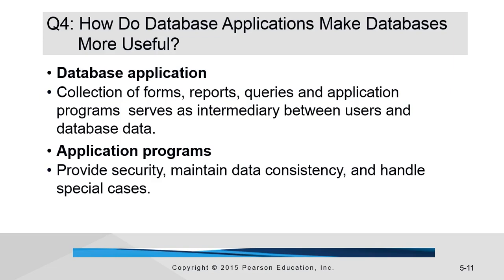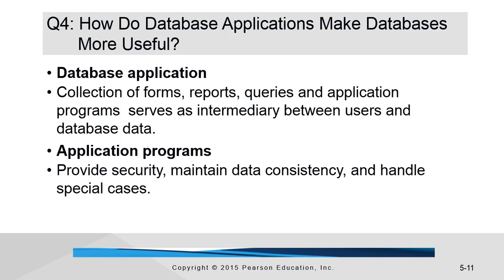Another topic that this chapter addresses is how do database applications make databases more useful. And so we talked about the database itself, and some of the examples we used were Access, SQL Server from Microsoft, Oracle has one, DB2 from IBM, but each of those has a database application that sits on top of it.